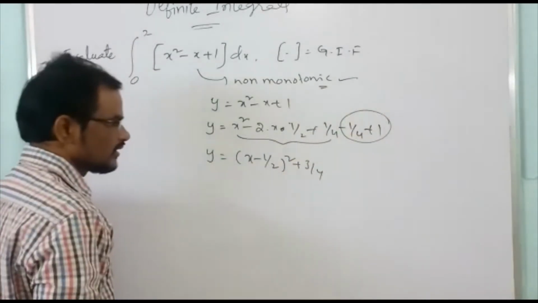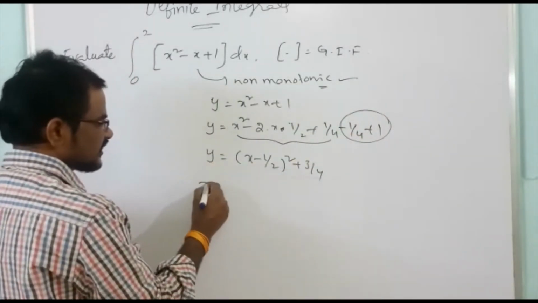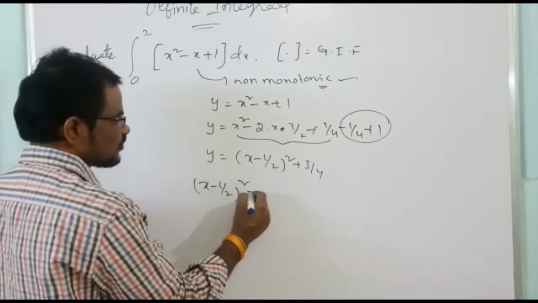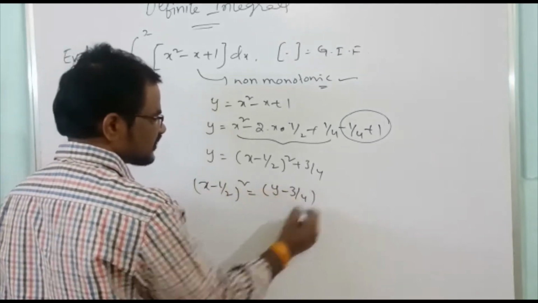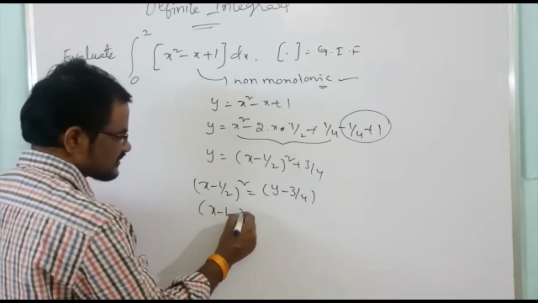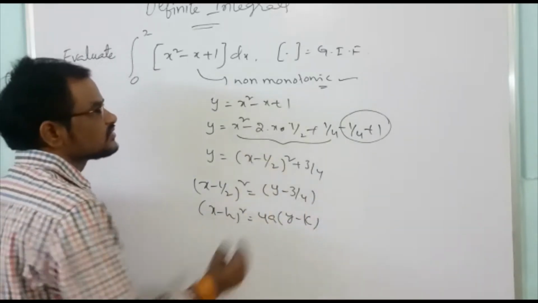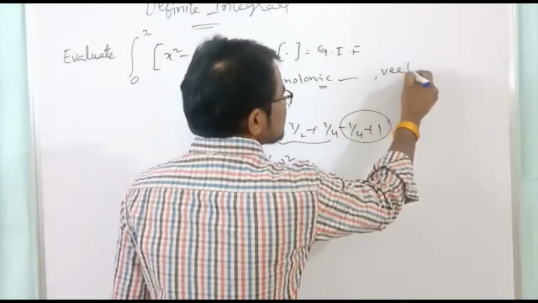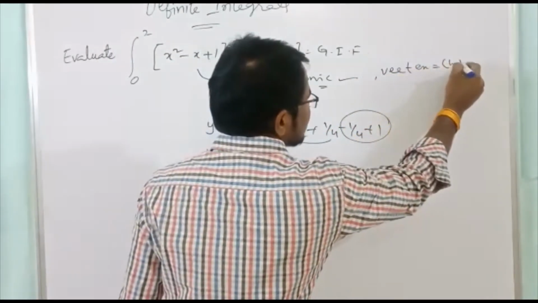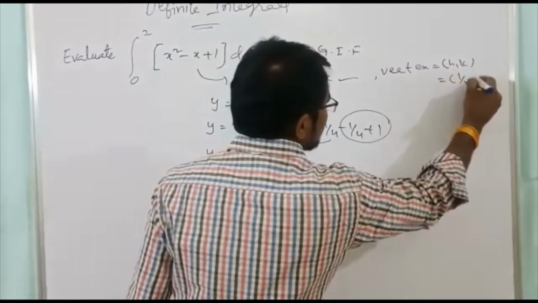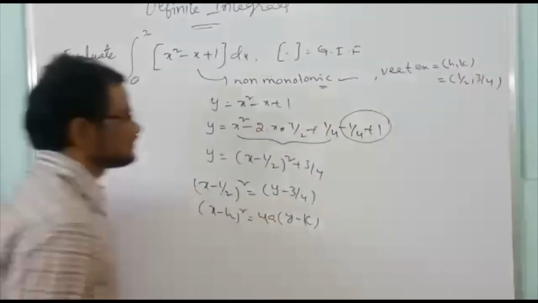So bring this side, you can write it as (x minus 1 by 2) whole squared equals y minus 3 by 4. Clearly it is in the form (x minus h) whole squared equals 4a into (y minus k). So the vertex is (h, k), that is (1 by 2, 3 by 4).